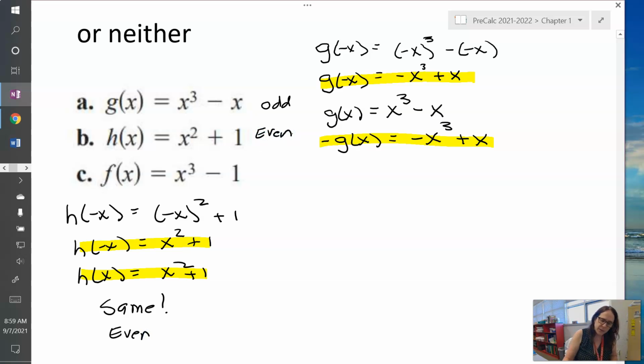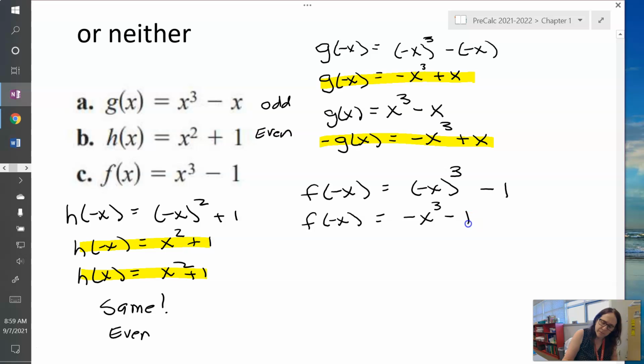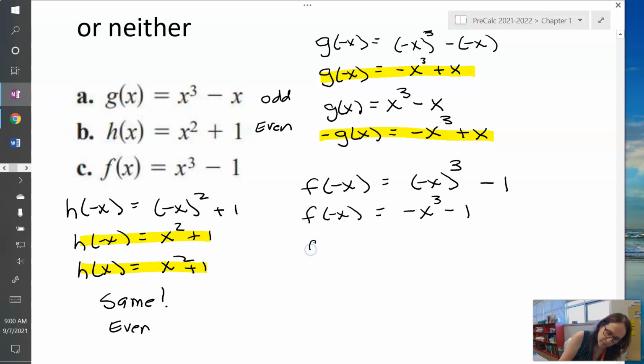All right, now I'm going to do C. I'm going to do f of x. Plug in a negative x, negative x cubed minus 1. Compare, not the same because of the negative in front. And f of x equals x cubed minus 1.